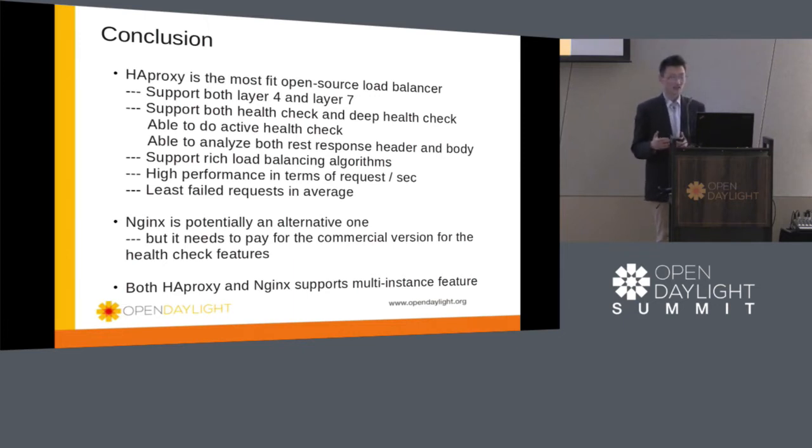It has high performance in terms of requests per second, and it has the fewest failed requests on average. Nginx is potentially an alternative, but it needs you to pay for the commercial version for the health check features. And both HAProxy and Nginx support multi-instance features, so potentially that means it supports high availability for the load balancer itself.